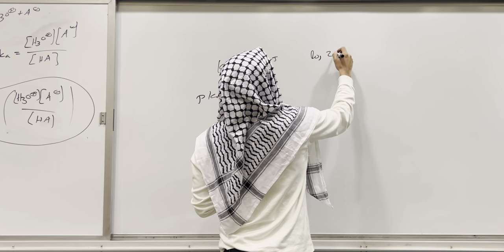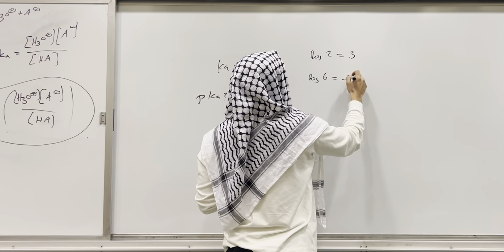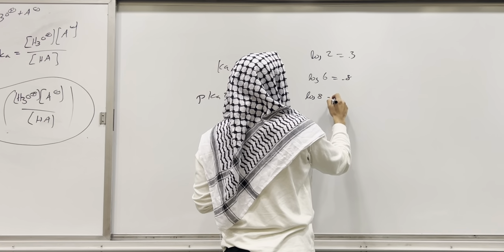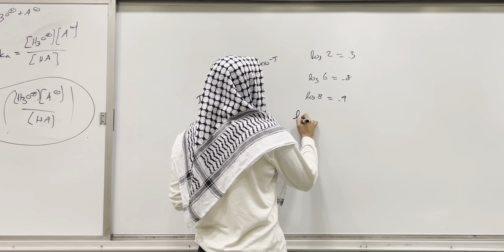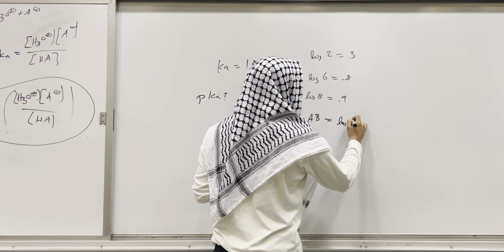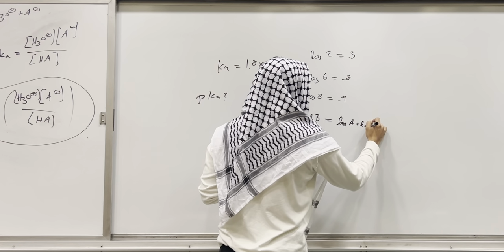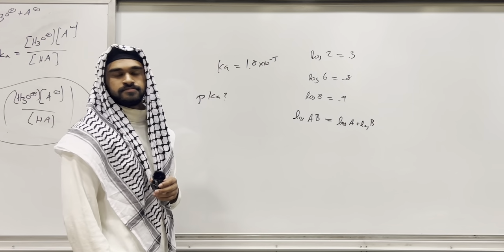The log of 2 is 0.3. The log of 6 is 0.8. And the log of 8 is 0.9. If you have log AB, you can rewrite it as log A plus log B. And that's all you need to know.